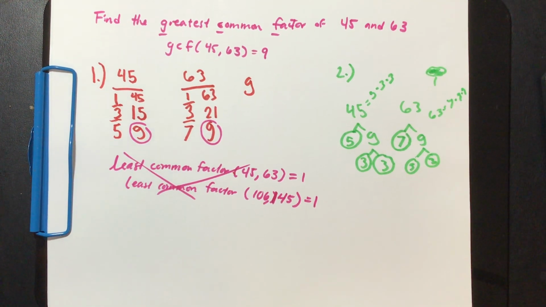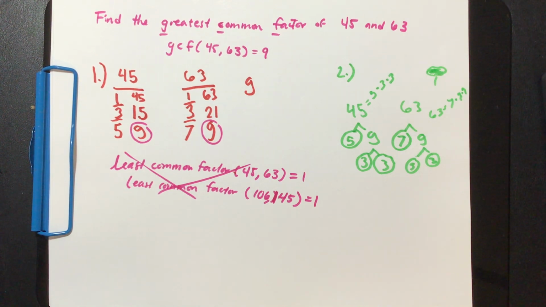How does that help you get the greatest common factor? Well, the greatest common factor is the one that is the same between the two.